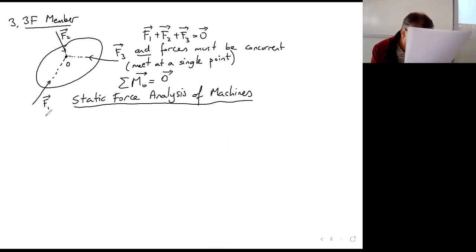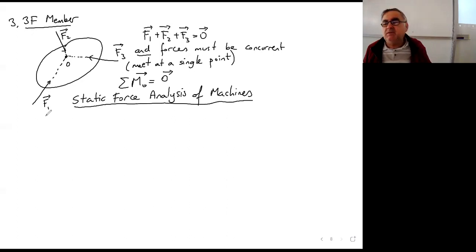And as we said, we do the static force analysis as a starting point. Eventually, we have to do the dynamic force analysis. Okay. How do we do it?